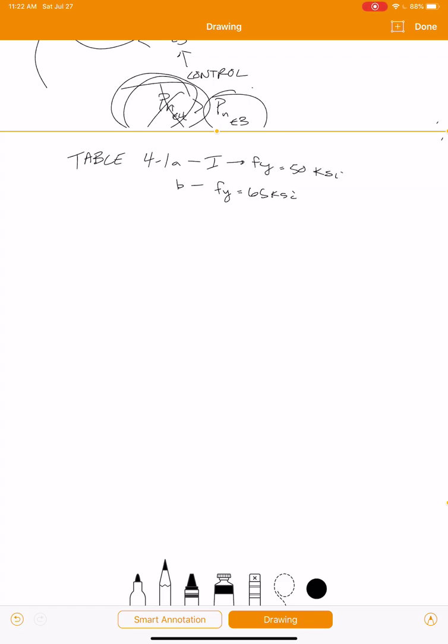And again, if you keep going and look through these tables, you can see that it gives you a couple different options for shapes. So for your HSS, you're going to be looking at Table 4-3. And again, it tabulates for you the compression strength.